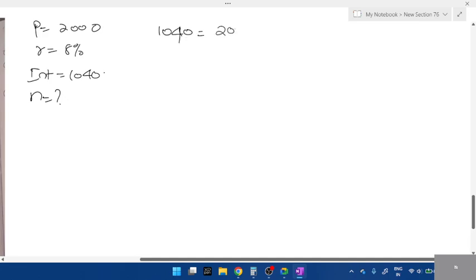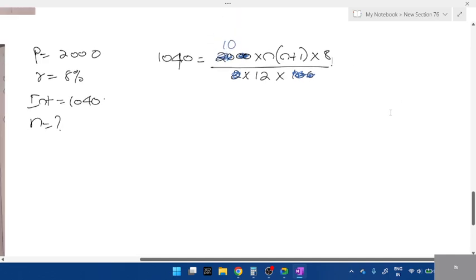Interest is equal to principal into n into rate. 4 twos are 8, 4 threes are 12.